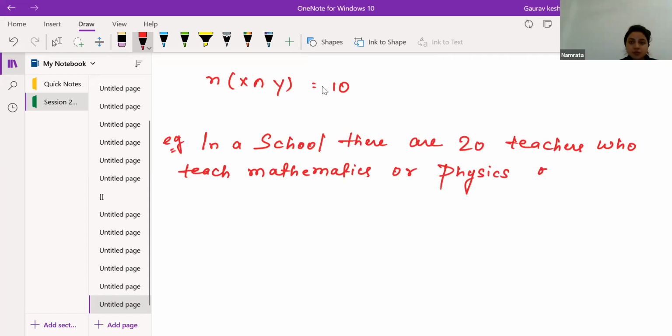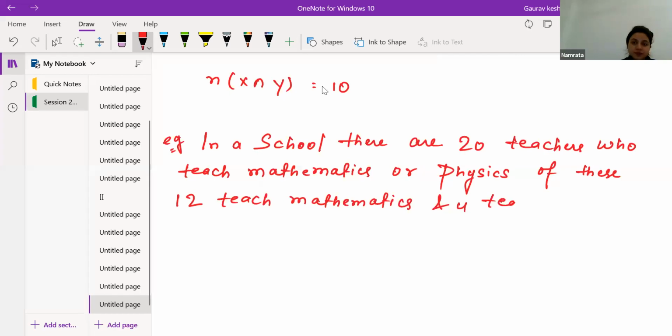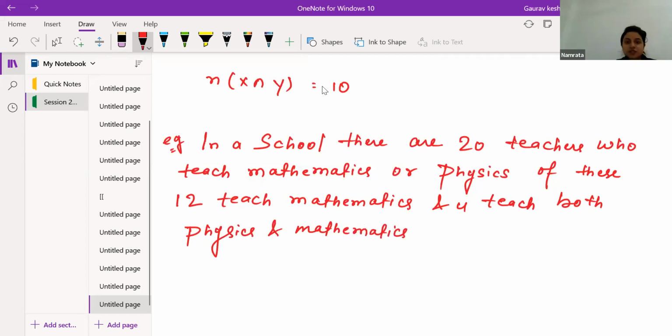Of these, 12 teach mathematics and 4 teach both physics and mathematics. How many teach physics?